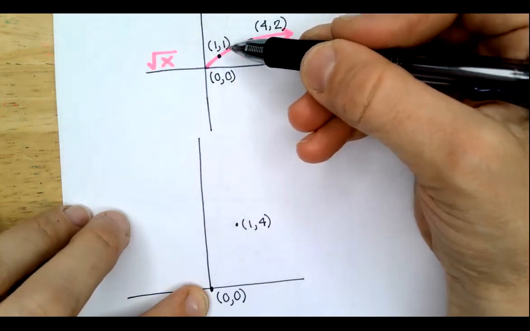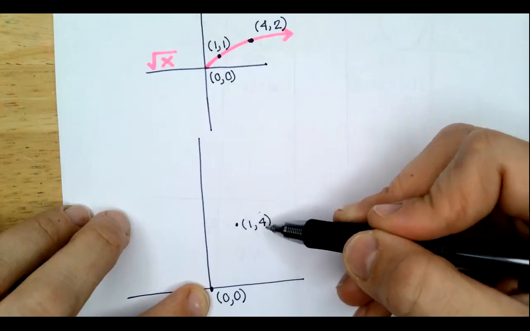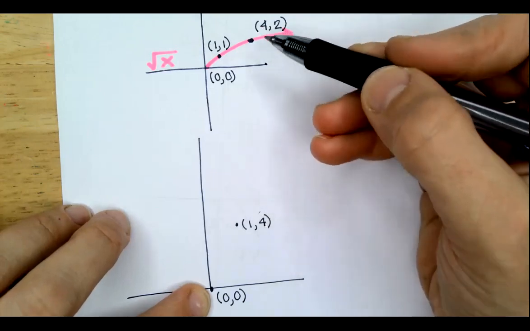So that 1 on the y is now a 4 because 1 times 4 is 4. That 2 is going to become an 8, right?